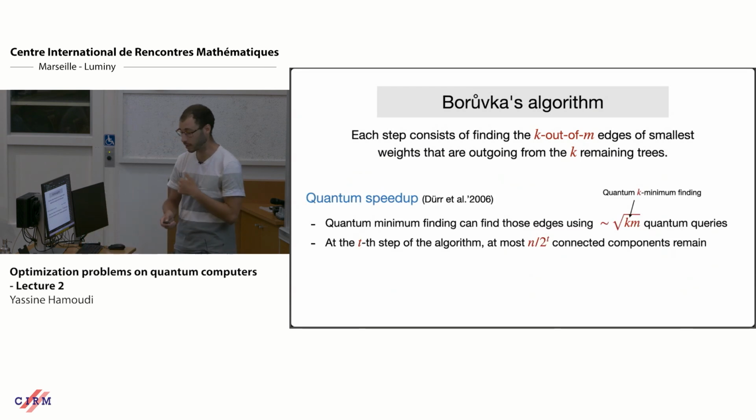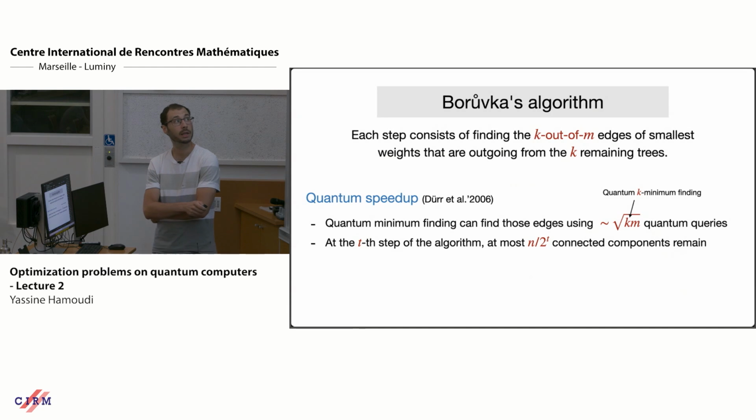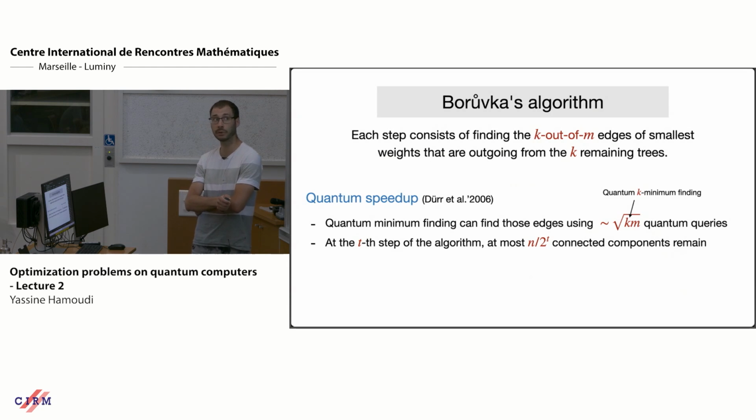So this is actually the final statement about the algorithm. Quantum minimum finding will help us accelerate each step by finding the outgoing edges of minimum weight. And actually, we use some improved version of minimum finding in which we want to solve not only one, but k minimum finding problems in parallel.